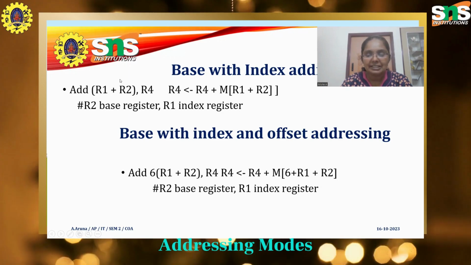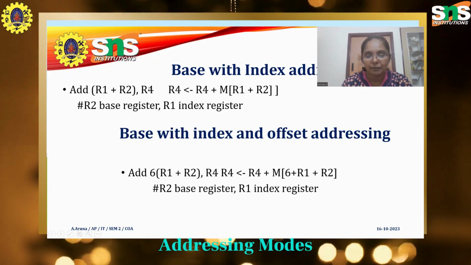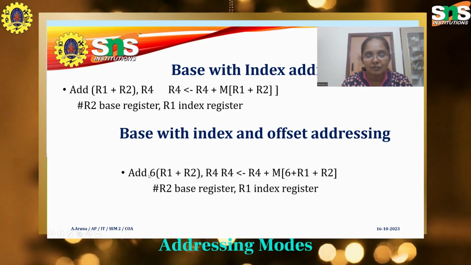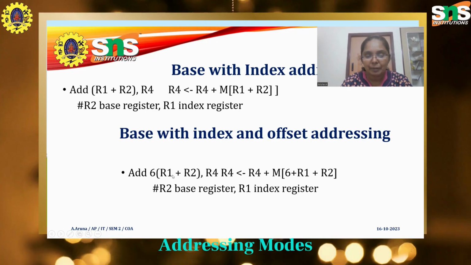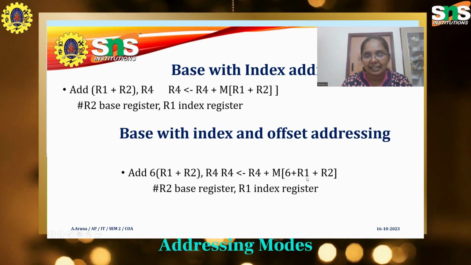There is one value present that is to be added with R4. The final value will be stored in R4. Similarly, it will have some offset value, that is the displacement value, that is 6. This memory location along with this 6 can be added, and that is added with the R4 register. The final value will be stored in the R4 register. This is base with index and offset addressing.